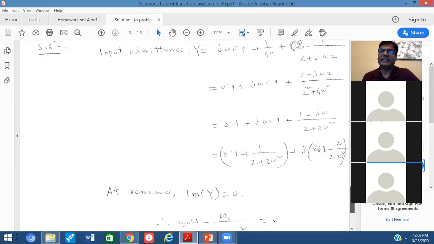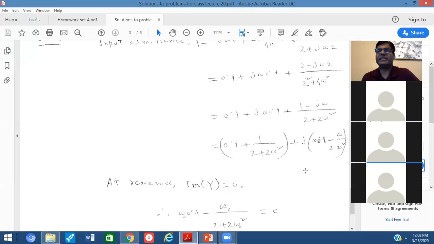And then in the last line, what I am doing, I am separating out the real and reactive component. If you see the third line, it was 0.1, so that 0.1 came, and then from the third term, there is 1 over 2 plus 2 omega squared.